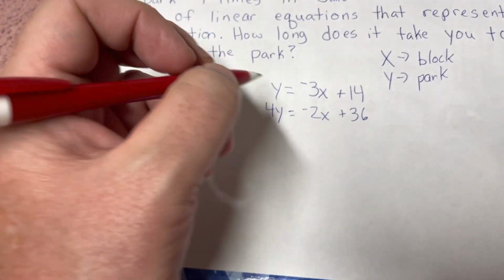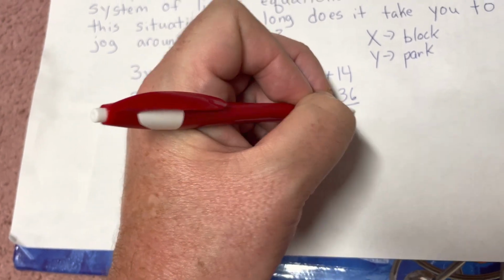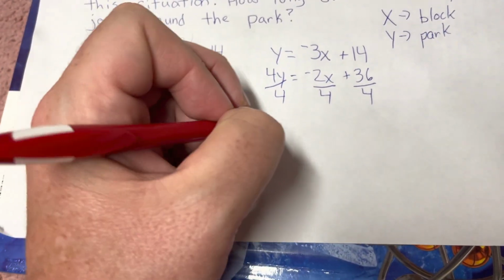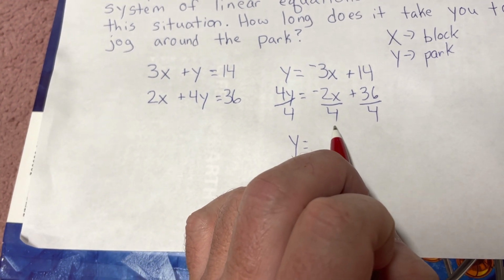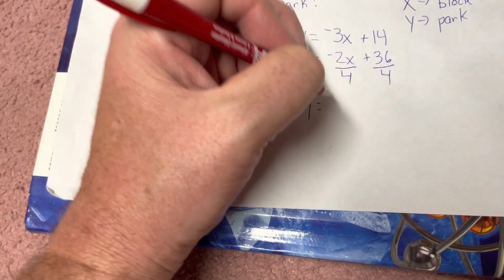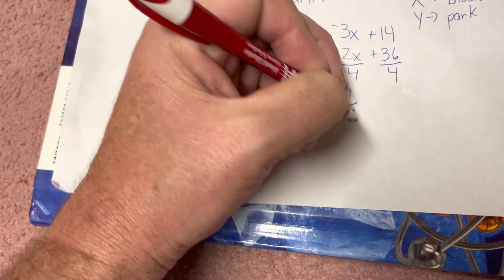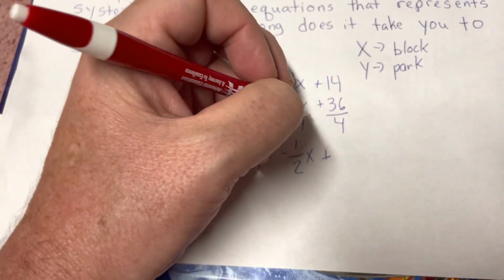So when I divide everything by 4, that's going to give me Y equals, well, negative 2 divided by 4, that's just going to be in simplest form, negative 1/2. So negative 1/2 X plus 36 divided by 4 is 9.